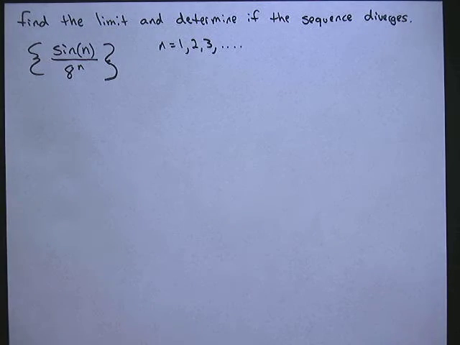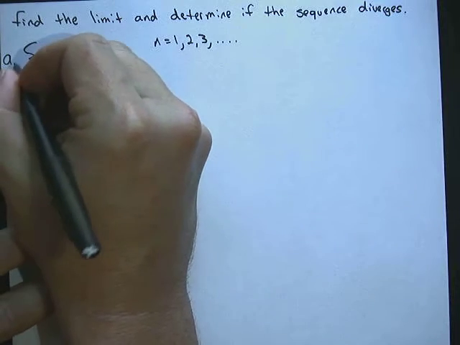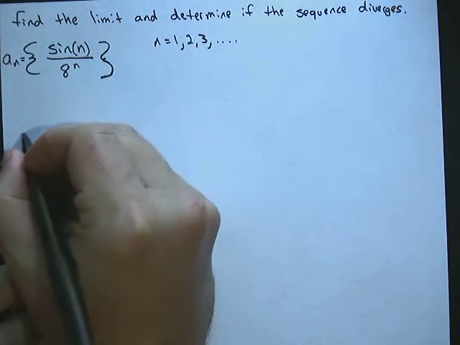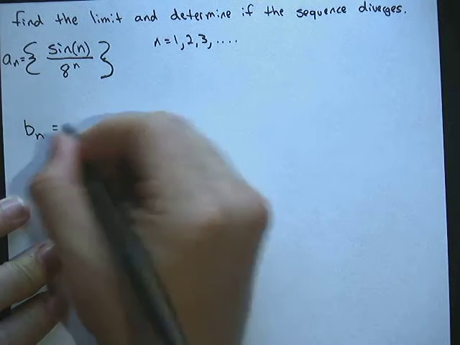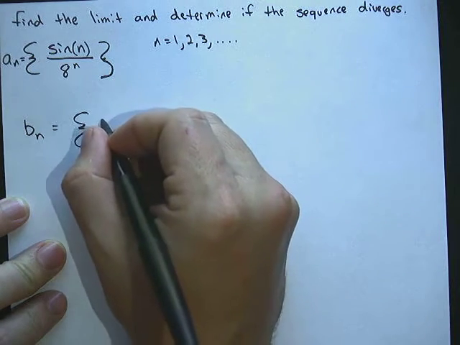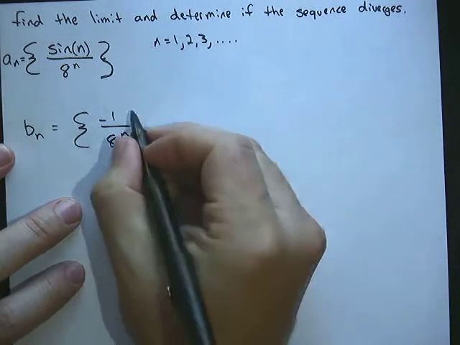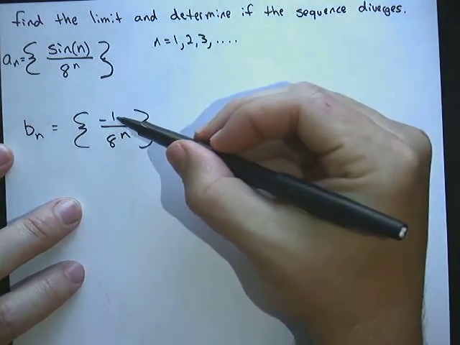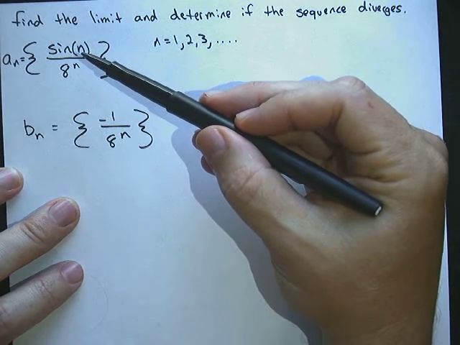Given that, we are going to try to use what we call the sandwich theorem. We'll call this sequence A sub n, and let's look at two other sequences. Let B sub n be -1 over 8^n, and the reason I use -1 is because -1 is the absolute smallest that sine can be.